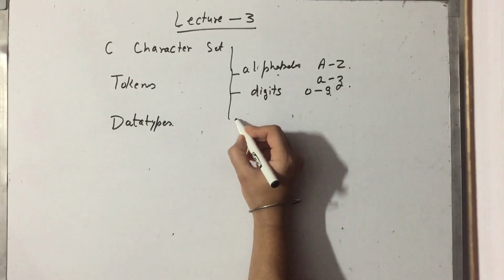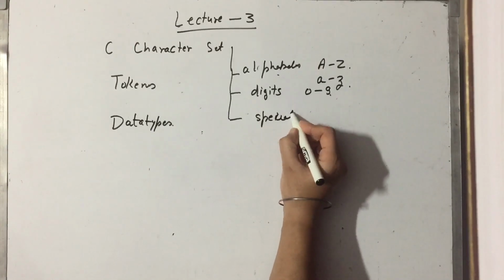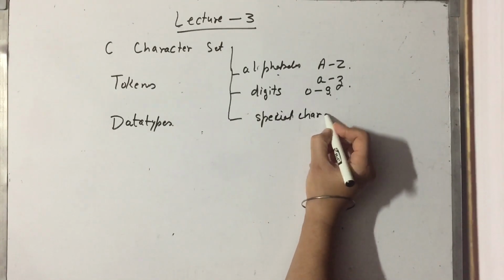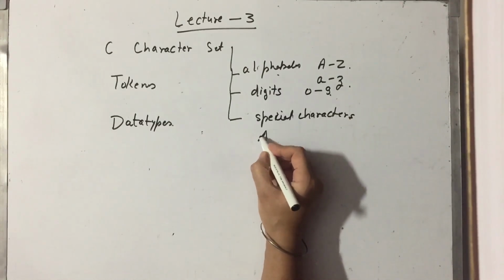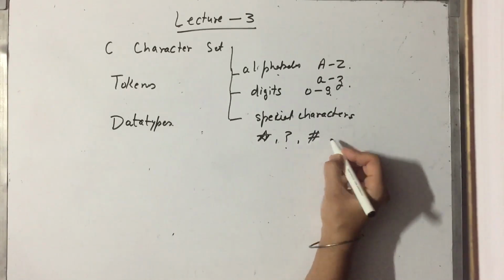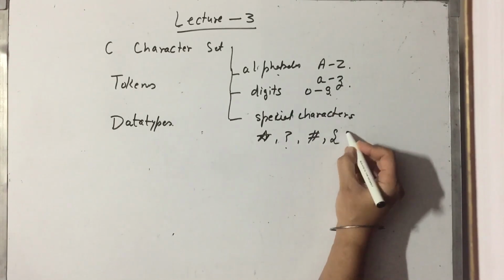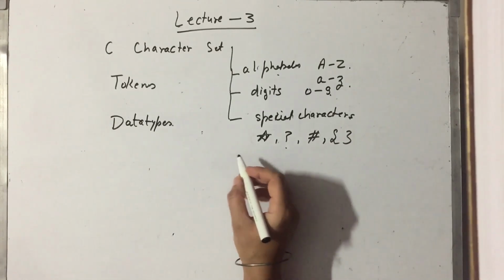We have special characters, which include star sign, question mark, hash symbol, then curly braces. These are a few special characters.